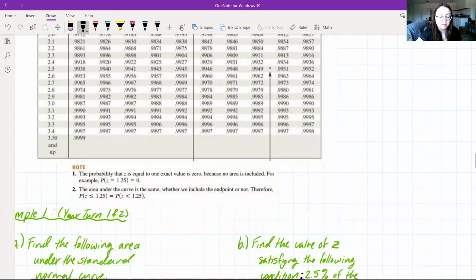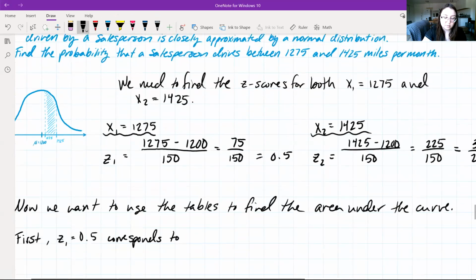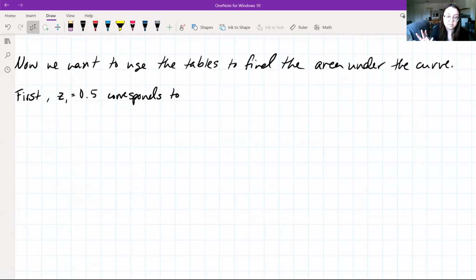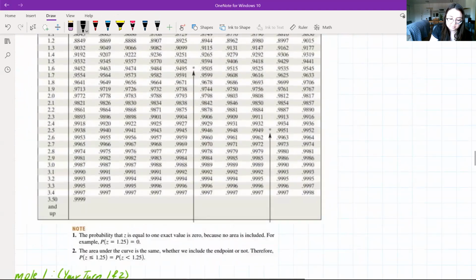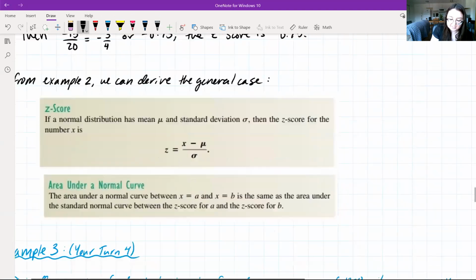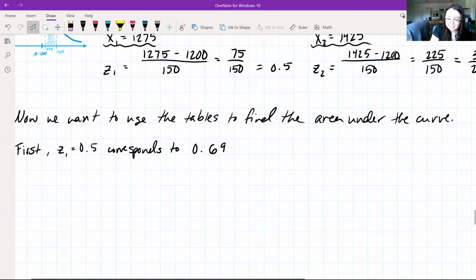So let's fill that in first. We scroll down here, and we say first z1 is equal to 0.5 corresponds to 0.6915.